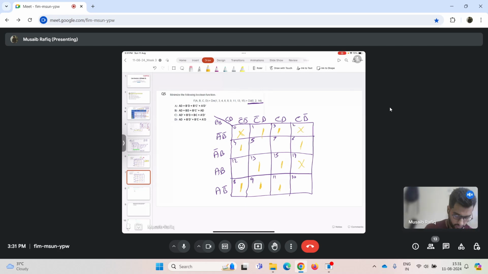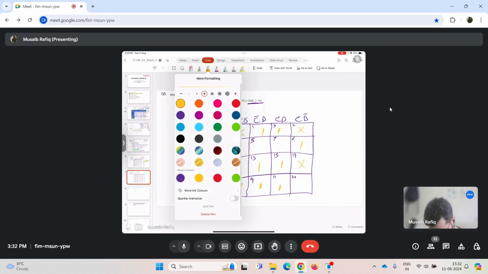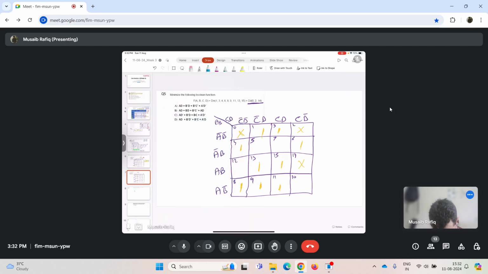Now we need to look for an octet. So can we have an octet here? I don't think I can have an octet here. So let's construct a chord first. So we will have a chord covering the minterms this. So the contribution from this chord will be AD.